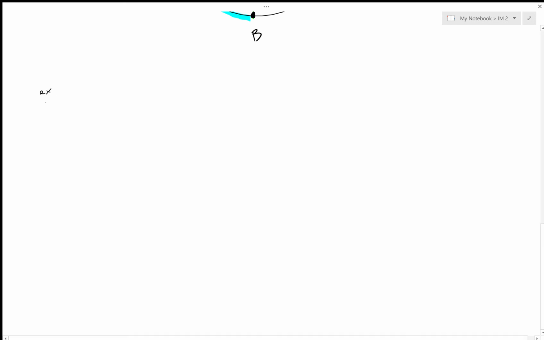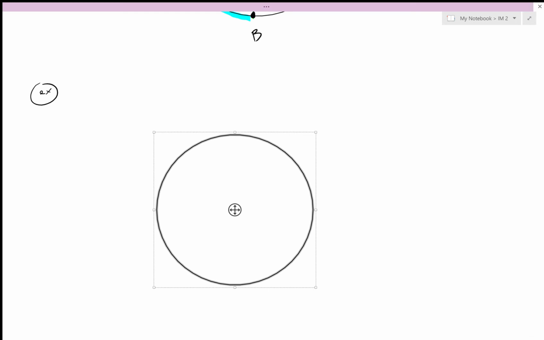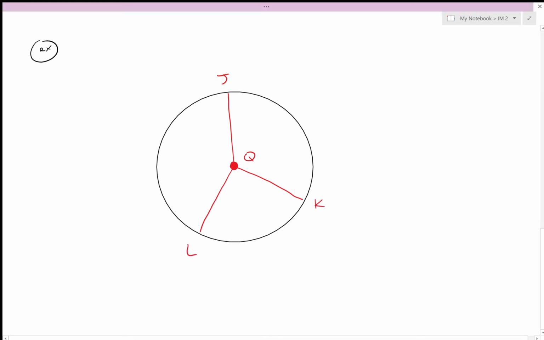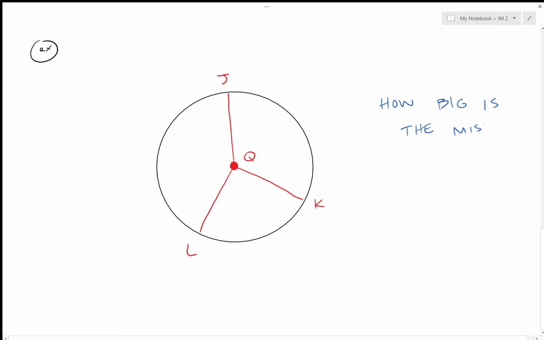Okay, so let's start with an example here. We'll need another circle. So we've got J up here, Q in the middle, K, and L. And they're going to ask us how big is the missing angle.